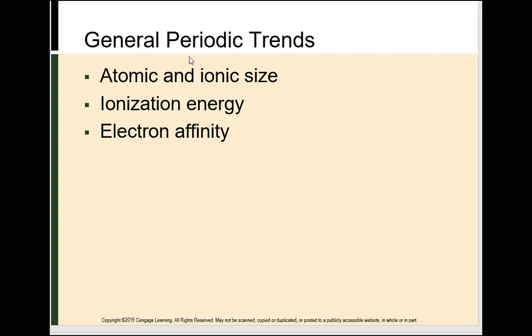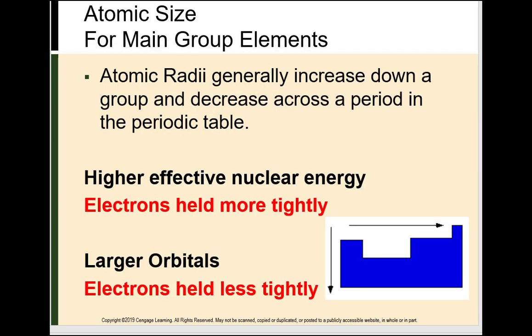We should be a little familiar with the general periodic trends as far as atomic and ionic sizes, ionization energy, electron affinity, and we'll also be able to look to see the enthalpy variation within a group and across the period on the periodic table. The sizes of atoms actually influence many aspects of their properties and reactivity.